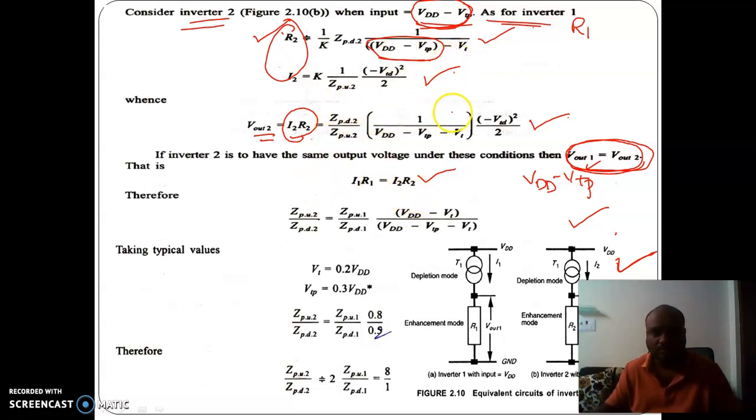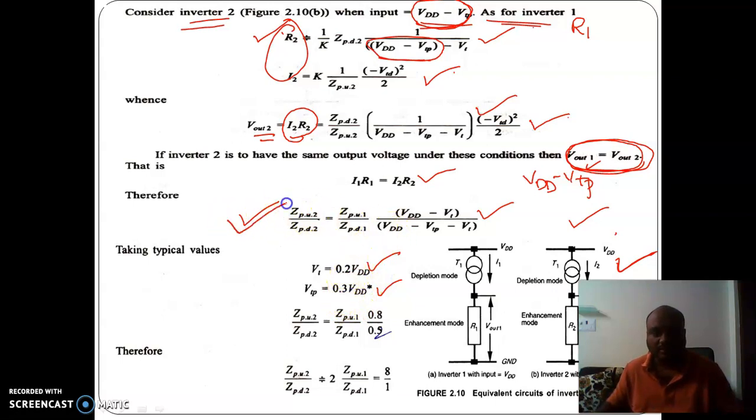Substituting these two equations here, that results in ZPU2 by ZPD2 equal to ZPU1 by ZPD1 into VDD minus VT by VDD minus VTP minus VT. Substituting all the typical values, Vt is equal to 0.2 VDD, and the pass transistor threshold voltage put together is 0.3 VDD.